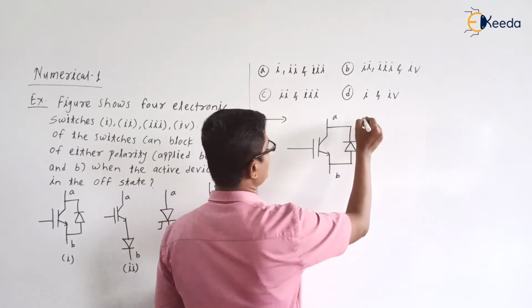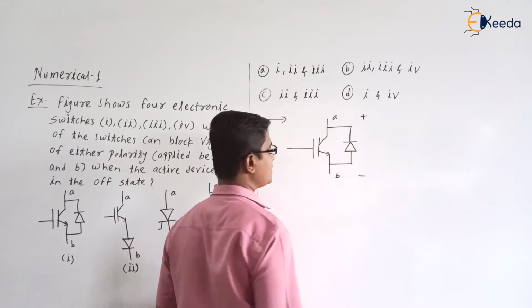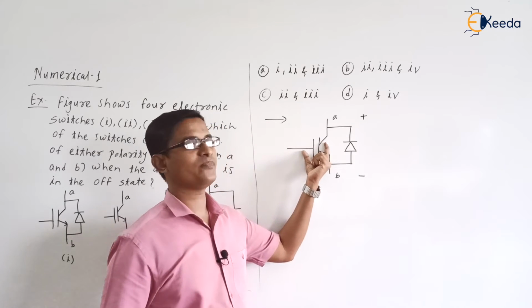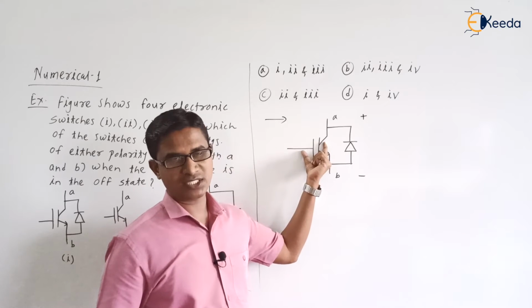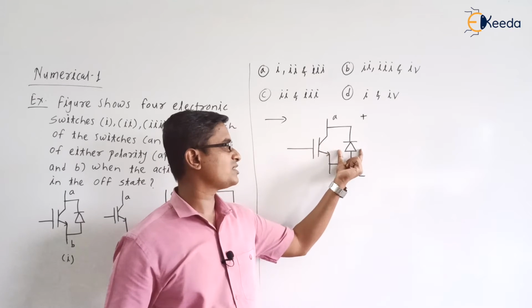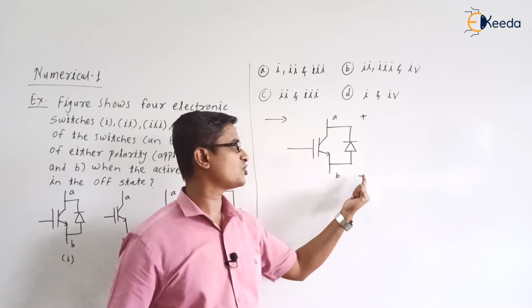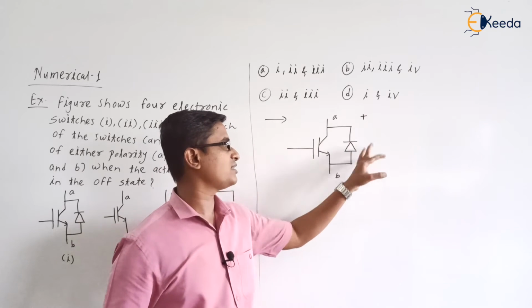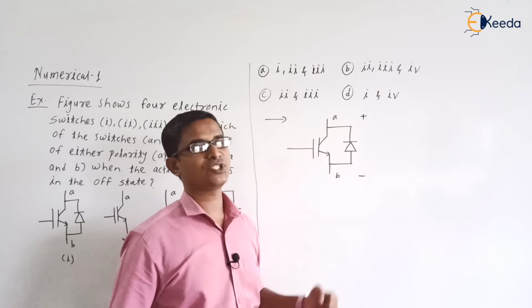Forward voltage means here it is a higher voltage, here it is a lower voltage. Suppose when IGBT is in the off state, means it is an open circuit, definitely the IGBT will block the voltage. But what about this diode? Yes, diode is in the reverse bias mode, so diode also can block the forward voltage. Means if plus here minus here, this voltage can be blocked by this switch combination.